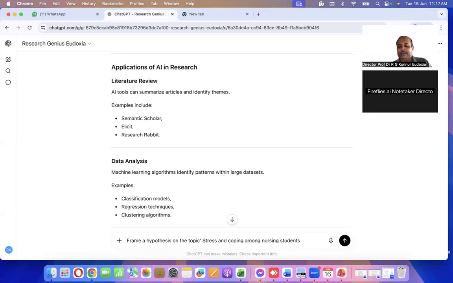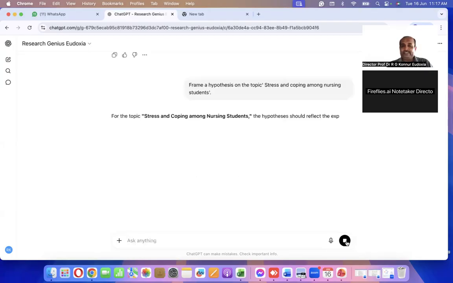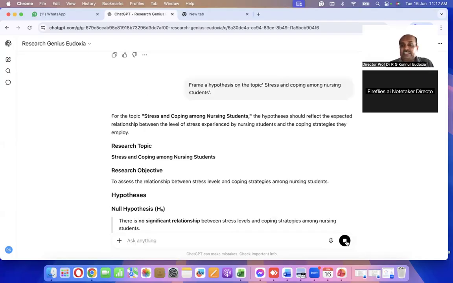This is for an example. We will see what it gives. This is our Research Genius. Research Genius is one of the finest platforms for the research process. So I have given the prompt: stress and coping among nursing students.